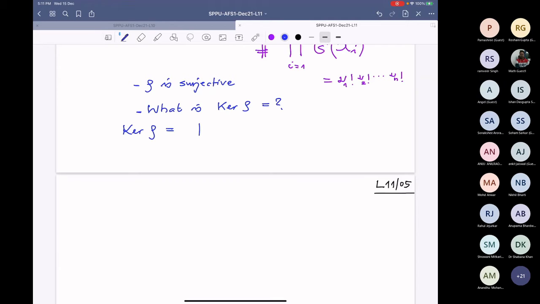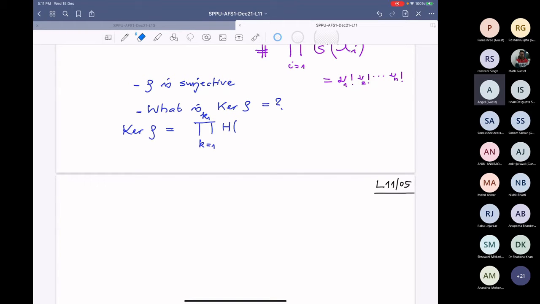This product will go from K equal to 1 to K1 of H sigma 1 K. So they are all 1-cycles.